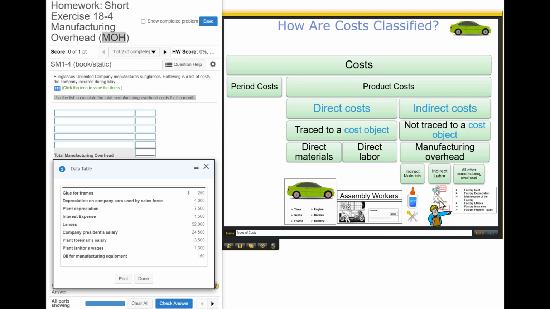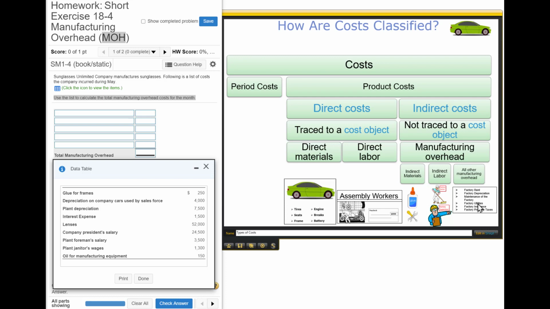These two people help make the cars, but you can't say how much the janitor helped make this certain car versus a red car, etc. Other manufacturing overhead costs include factory rent, factory depreciation, maintenance on the factory, and factory utilities. So basically all the expenses that go into making the car but cannot be tied directly to that specific car.